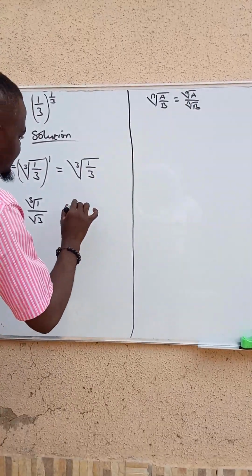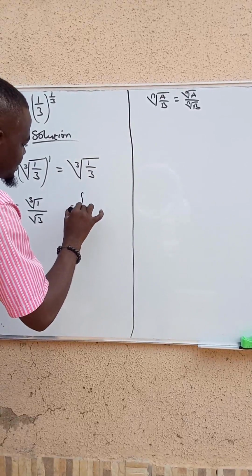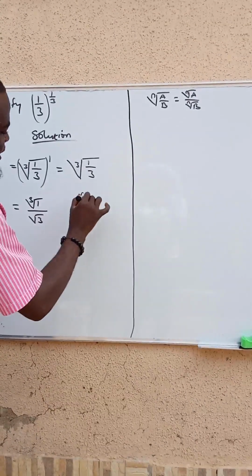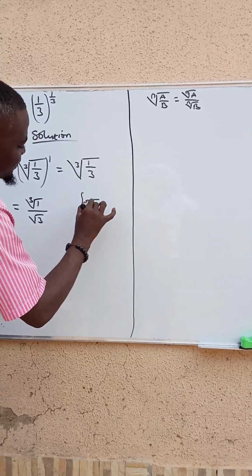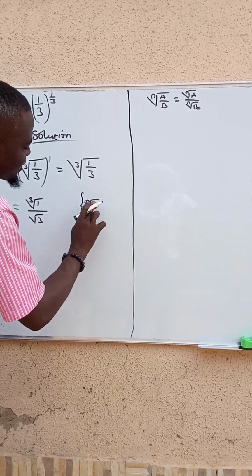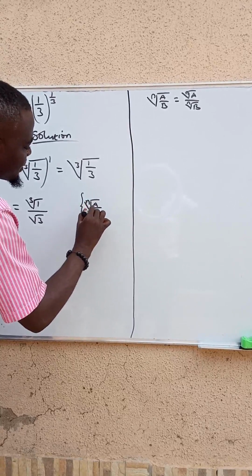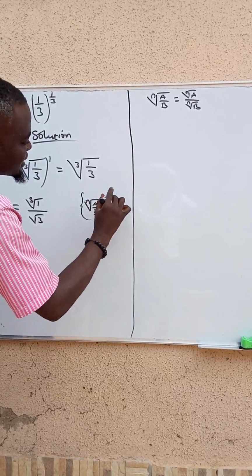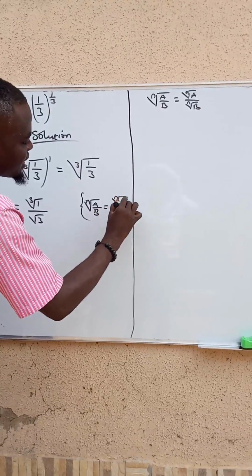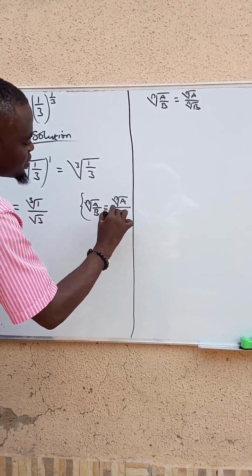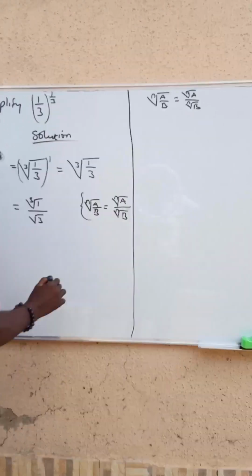So you can say that this thing is because of what? The nth root of a over b is the same thing as the nth root of a over the nth root of b.